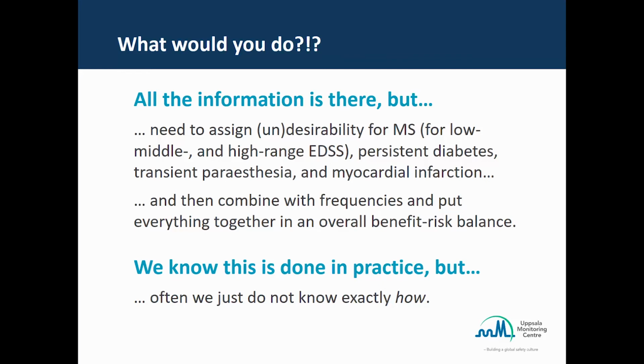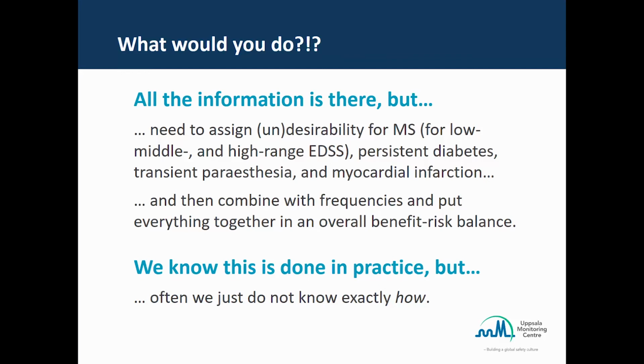And then we have to somehow combine that with the information we have about the frequencies, and finally aggregate everything together. And of course here, assign desirability doesn't necessarily mean that we have to do it in a quantitative way, but somehow we need to take into account what the level of desirability is, or else we will basically imply that the desirability level is equal for all the effects.